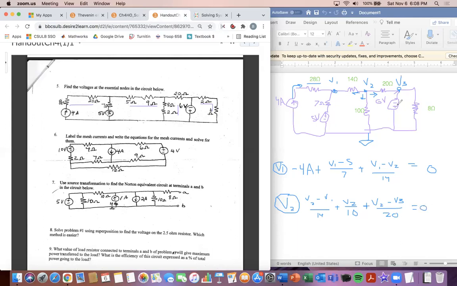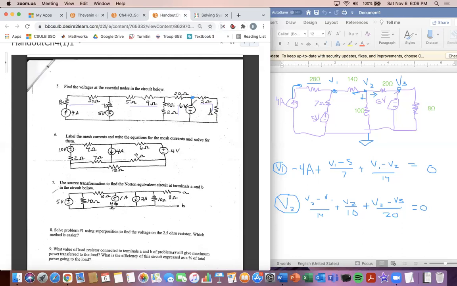And then this last one here is going to be V3 minus V2 over 20. And then we actually noticed here, this is a good point for everyone to see. I'm going to go to the diagram on the left. At this node, it's at the potential of 6 volts here. Sorry, not 6, because remember the current goes out of these, and so that would be in the same direction going through the source. I think it's -6. You think it's -6?